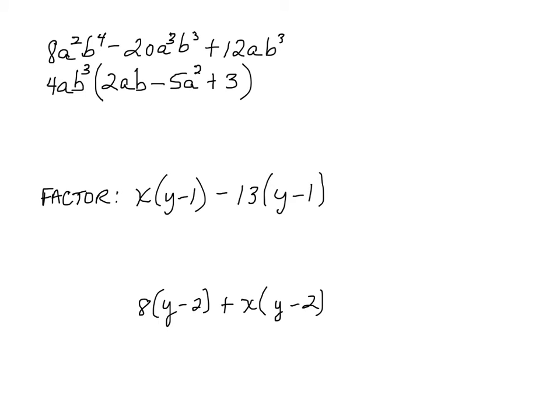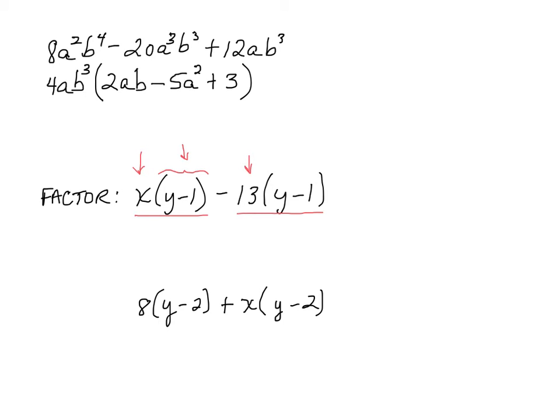Now look at this next one. Look at what we have here. We have x times y plus 1 minus 13 times y minus 1. Look at it very carefully. Both of these expressions have a common factor. For this one, x is a factor and y plus 1 is a factor.